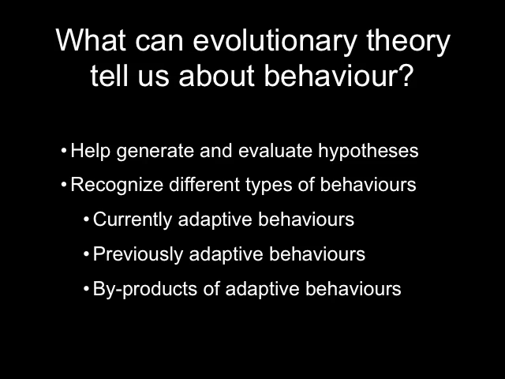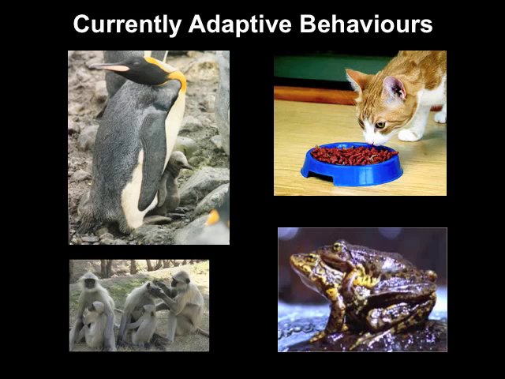So that leads on to the second thing that evolutionary theory can help us do, which is to recognize these different types of behaviors: things that are currently adaptive, things that were adaptive in previous human environments but maybe not in our novel current environment, and things that are byproducts of adaptive behaviors. So what are examples of this?